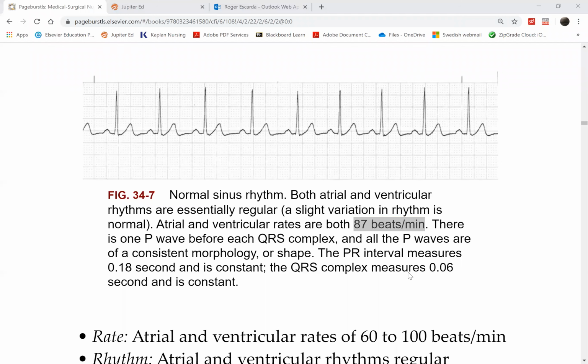When it looks depressed, let me show you what it would look like. Let's say this is your P wave. An elevated ST segment, as Dr. Kudia showed you last week, looks like this.